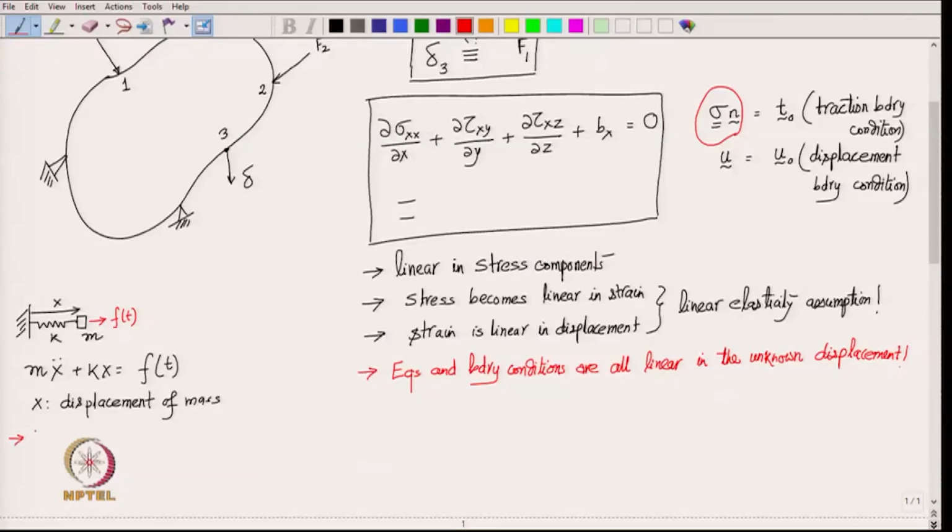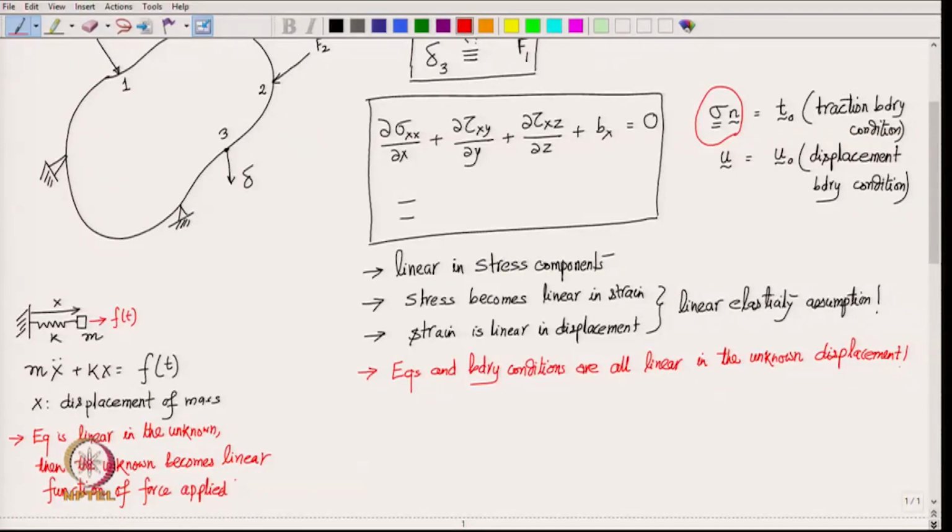So, this tells us if the equation is linear in the unknown, then the unknown becomes a linear function of the force applied.